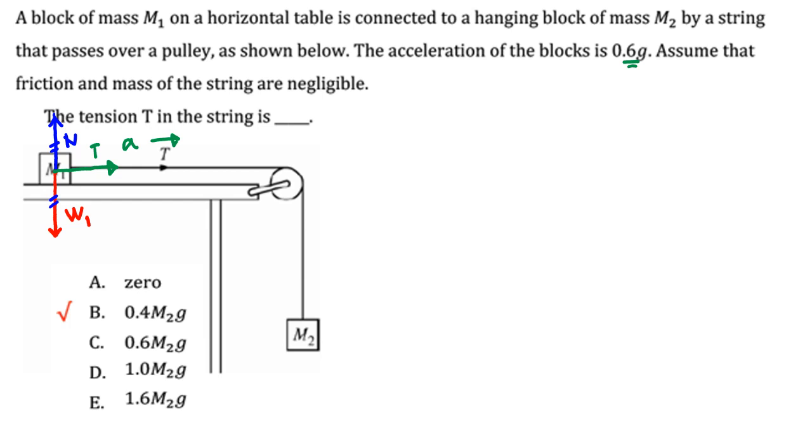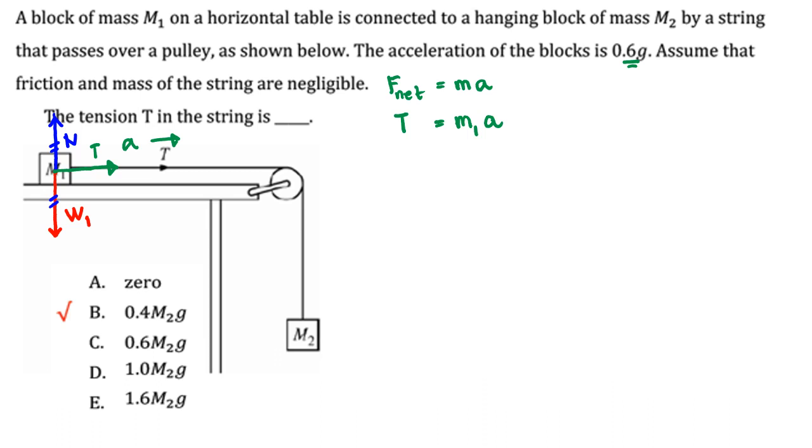If we use Newton's second law of motion, F net is equal to ma. We're looking at M1 right now. The force acting on M1 that would cause it to accelerate is only tension, because again, normal force and weight cancel out. So tension is equal to the mass of object 1 multiplied by the acceleration.